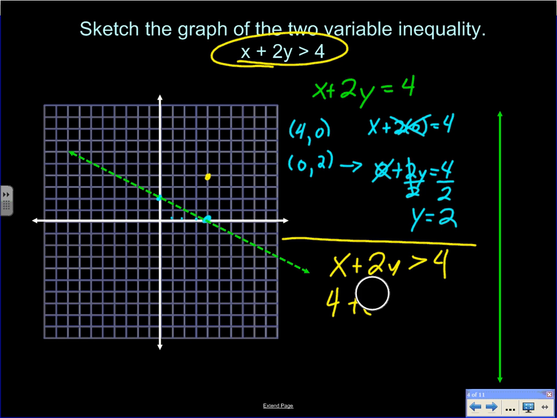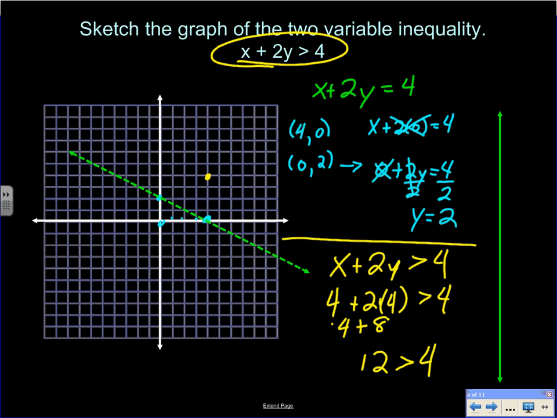Y is also 4. All right, x is 4, y is 4. So this is going to give us 4 plus 8, which is 12. Is that greater than 4? Yes, 12 is greater than 4.